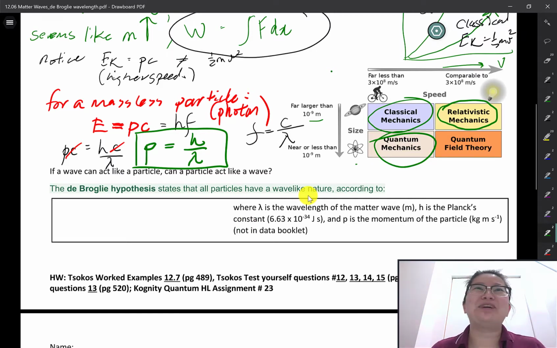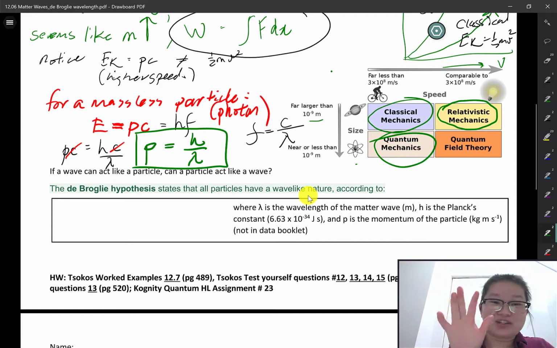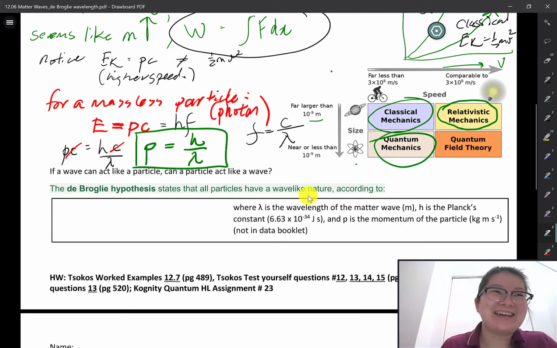I found this really funny. He comes in and essentially takes this equation and says, "Hey, well, if waves can behave as matter, then why can't matter behave like waves?"